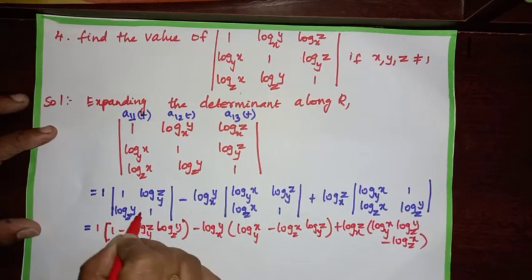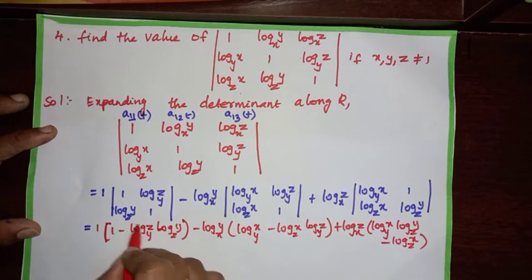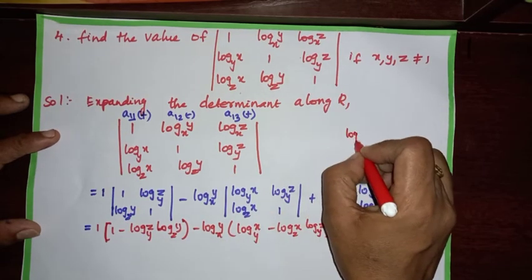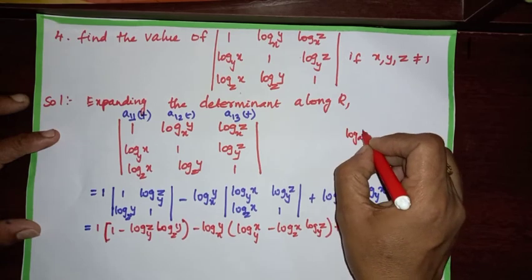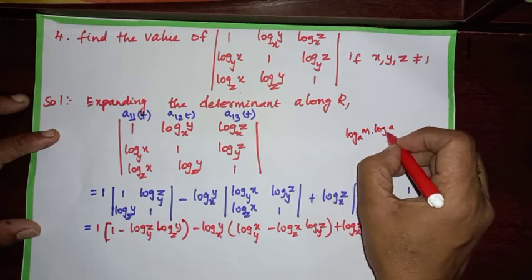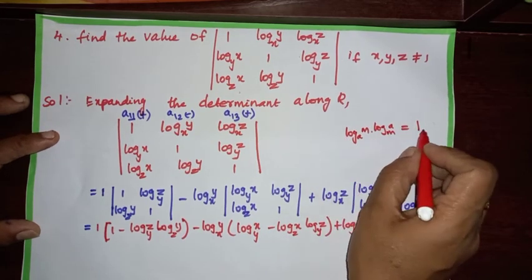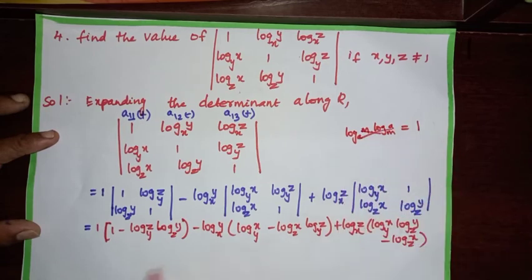This is equal to 1 into (1 minus log z with base y into log y with base z). By the rule of logarithm, log a with base m into log m with base a, if the logarithmic value and base values are the same, is equal to 1.